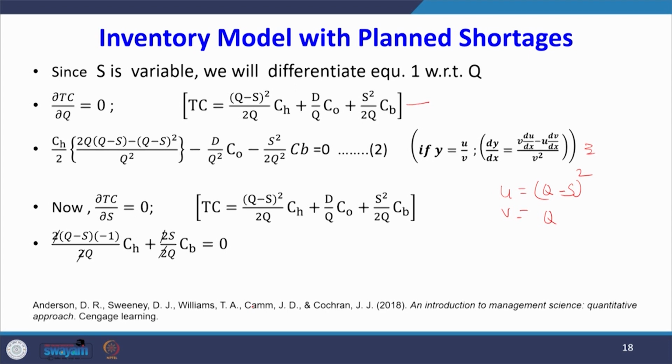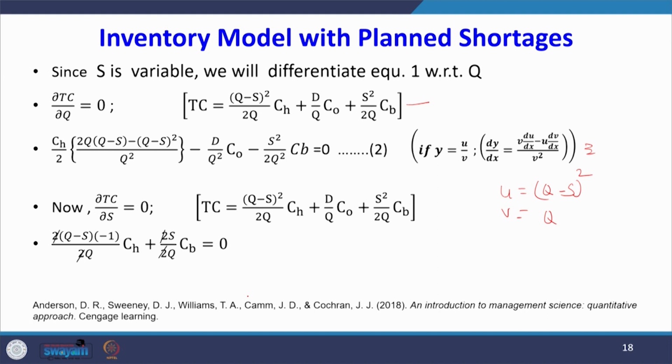Then V square is Q square, then v du, where v is Q and du is Q minus S whole square, which on differentiating gives 2 Q minus S, and again the derivative of Q is 1, minus u. What is u here? u is Q minus S whole square.